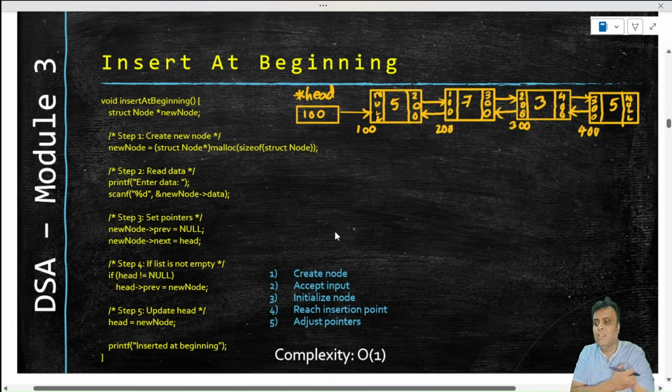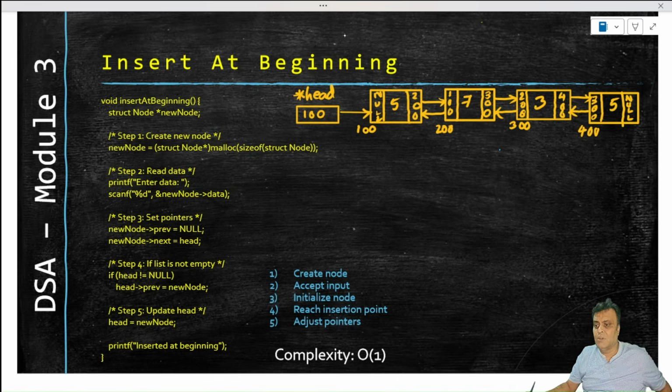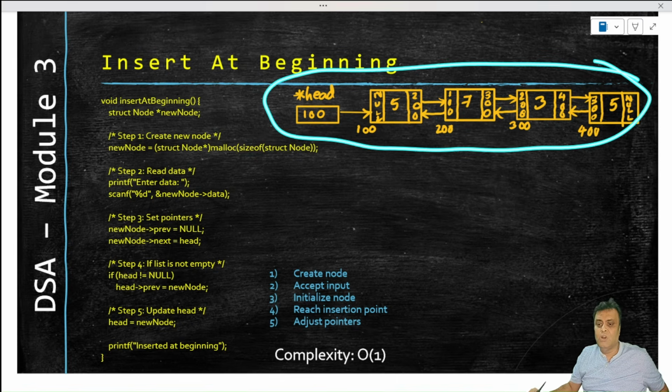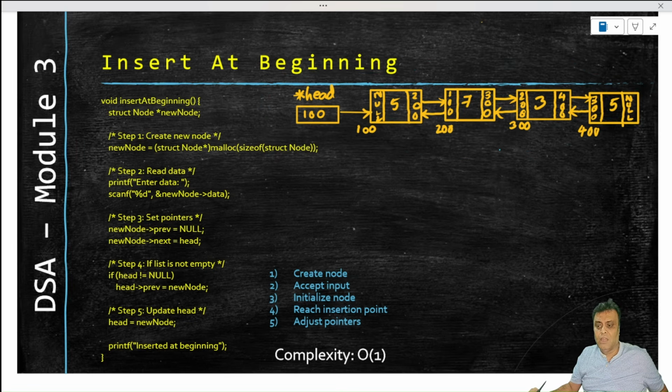Insert at beginning, and for simplification, let us assume that this is our current outlook of the linked list that we have currently in place, right? So what we are trying to do is insert a node at the beginning. Now, you would find various ways in which you want to remember things. I have attempted to create small steps for you, which are applicable to all the inserts.